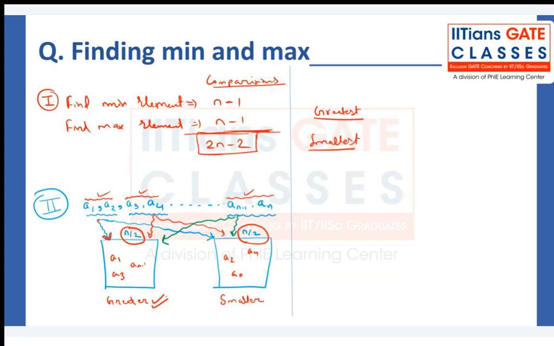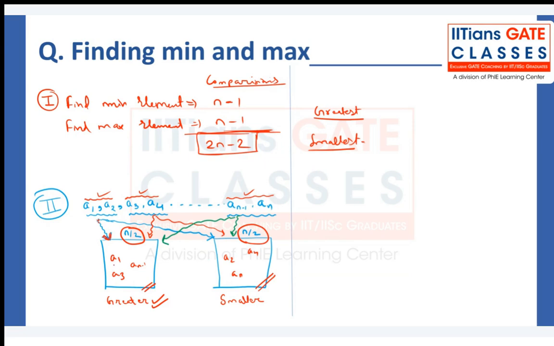So it is definitely present in our greater box. And the smallest element, no matter which element it played with, will definitely be in the smaller box. Do you guys agree with that? Okay, good.